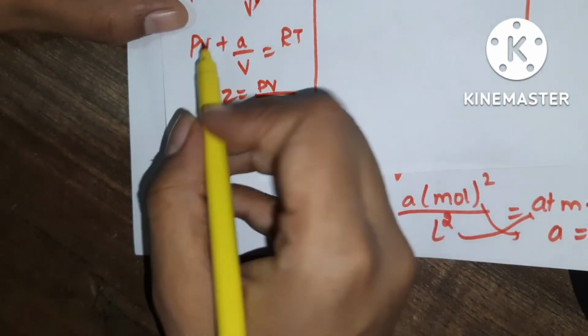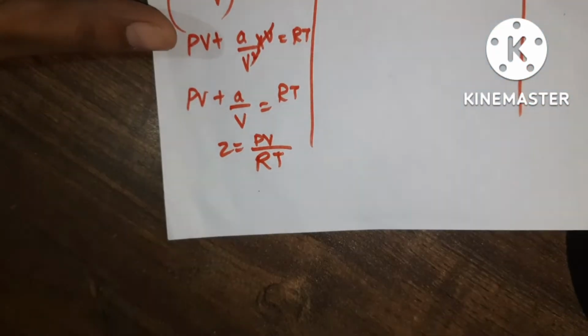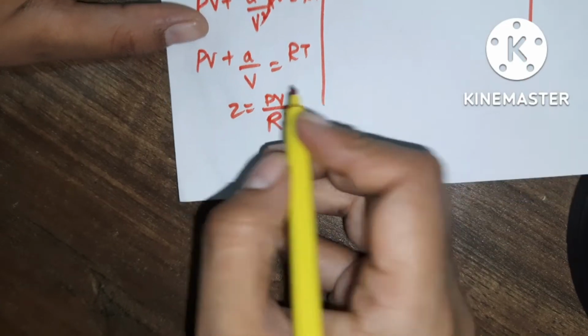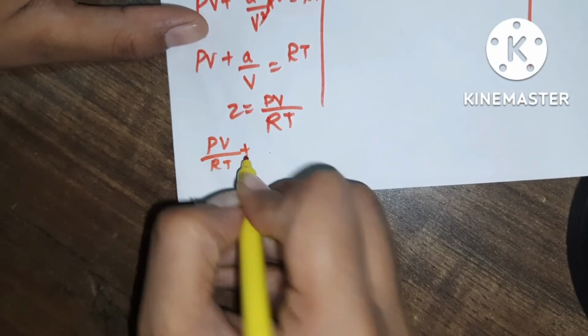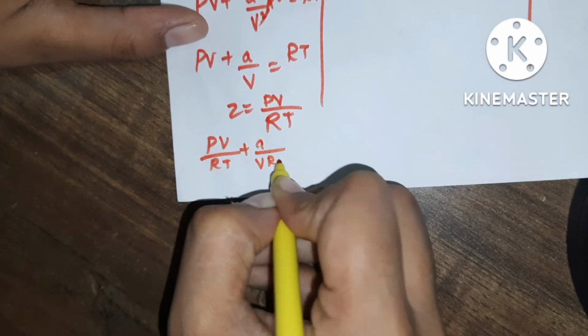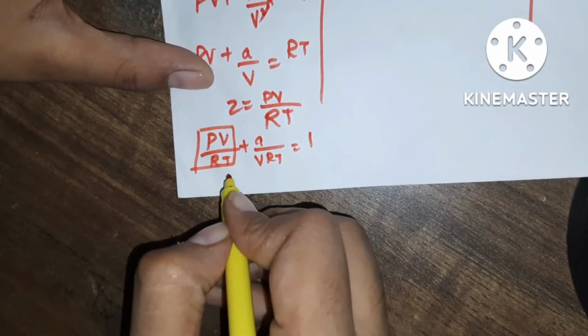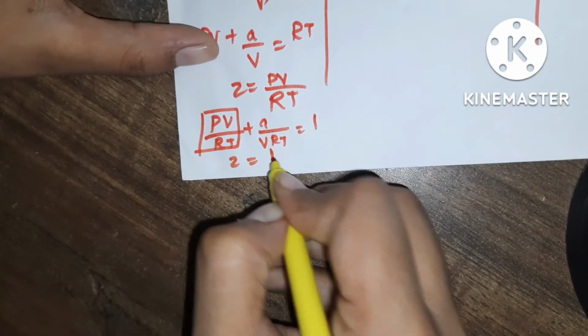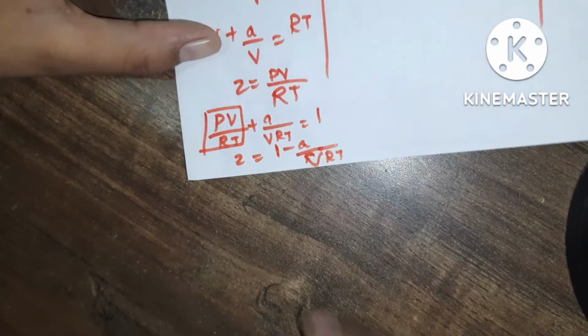So I can divide RT on both sides: PV/RT + a/VRT = 1. This is Z. So Z = 1 − a/VRT.